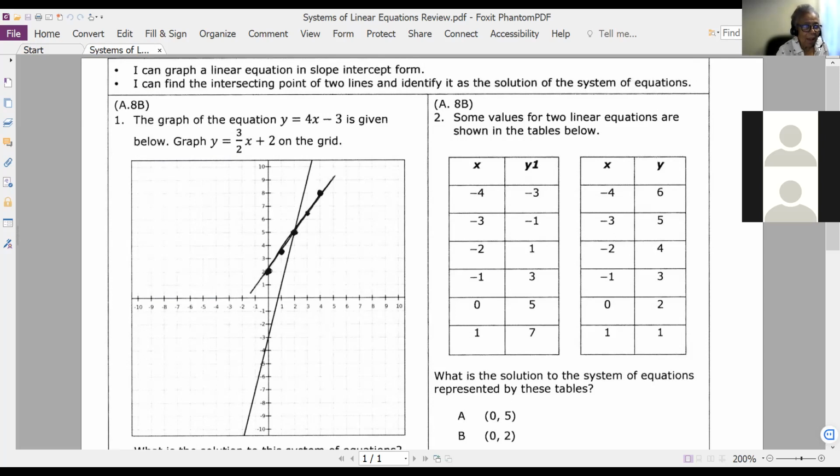The line that comes from y equals 4x minus 3, which is already drawn for you, and the new line y equals 3/2 x plus 2. That's the line you need to graph. That's why I did the table.